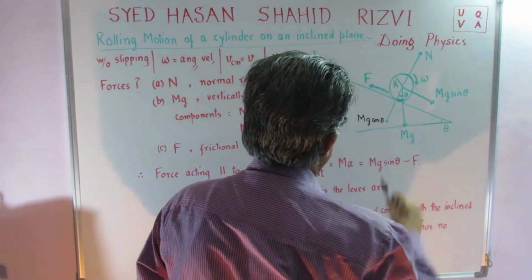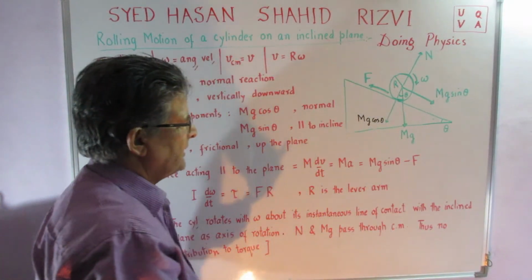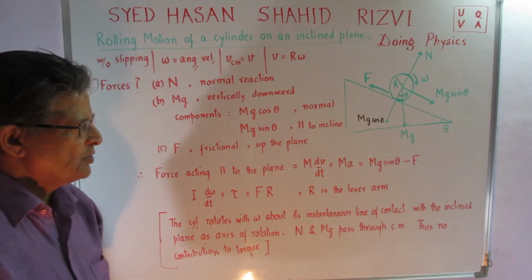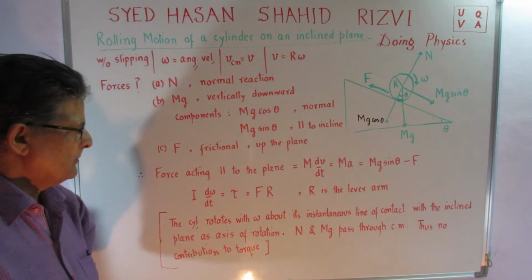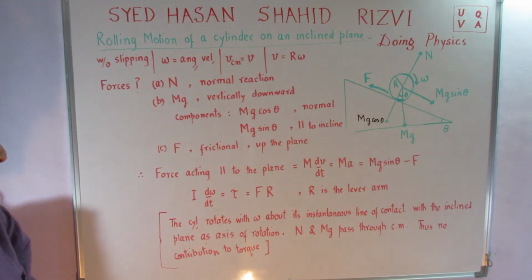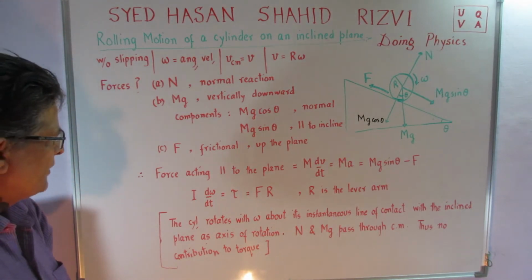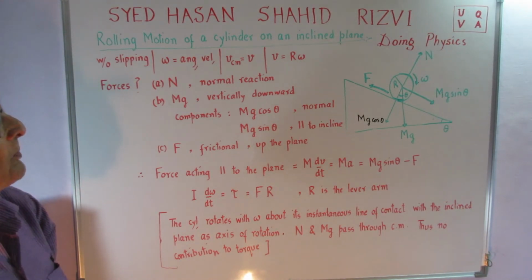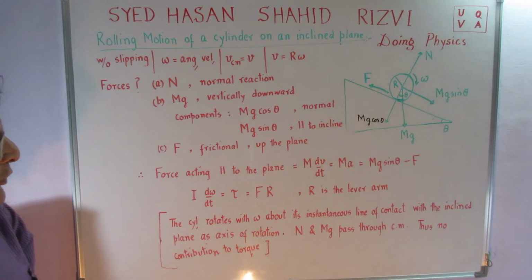This is the frictional force which opposes the rolling motion. The forces acting parallel to the plane: there are two forces.